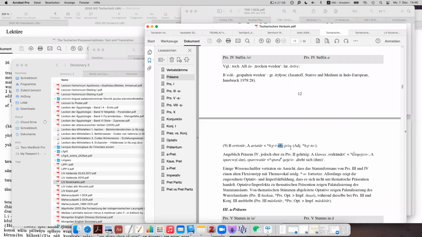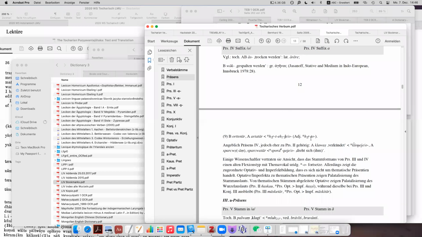Jejo is a typical Zustand present, a typical suffix expressing the state. And this laryngeal 2 is an abstract non-suffix, from the root heich.